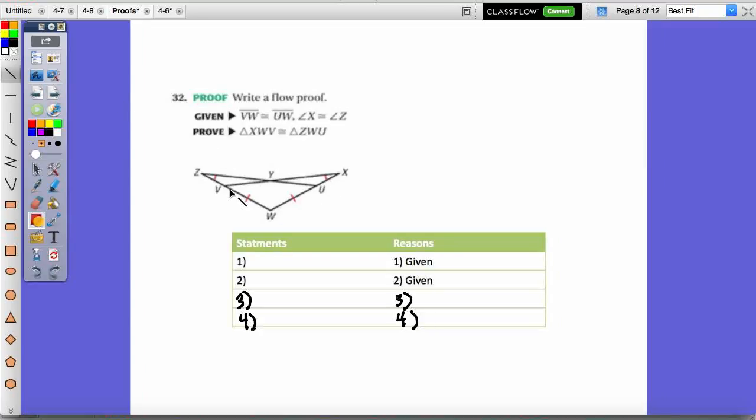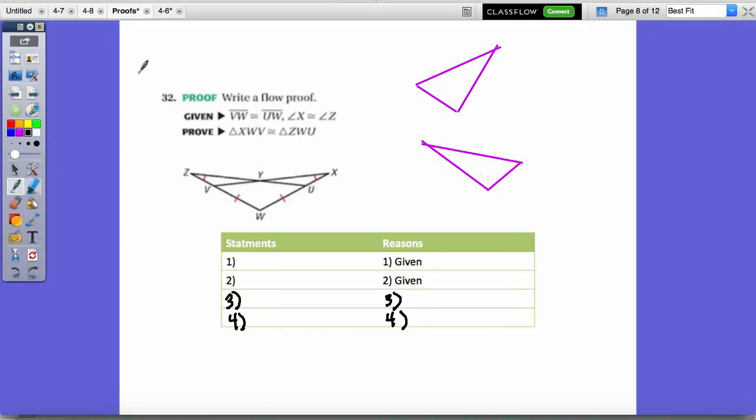So X, W, V. And then Z, W, U. So that's not really beautiful, but X, W, V, and Z, W, U.